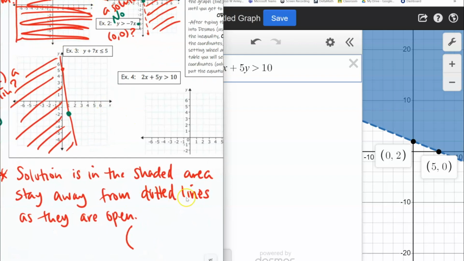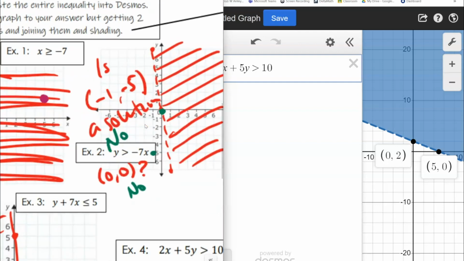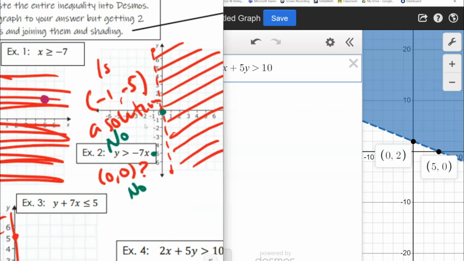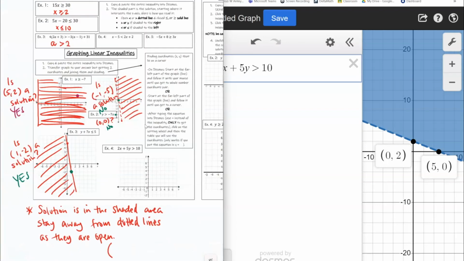Stay away from dotted lines as they are open, which means they don't include it. So even though this is on the line, it's on the dotted line, it does not include it. So is this a solution? No. That's going to be a very big question they ask you, and they love putting it on the lines just to make sure that you understand the difference between open and closed. Open does not include, closed includes. Okay, so that's how you find what a solution is.